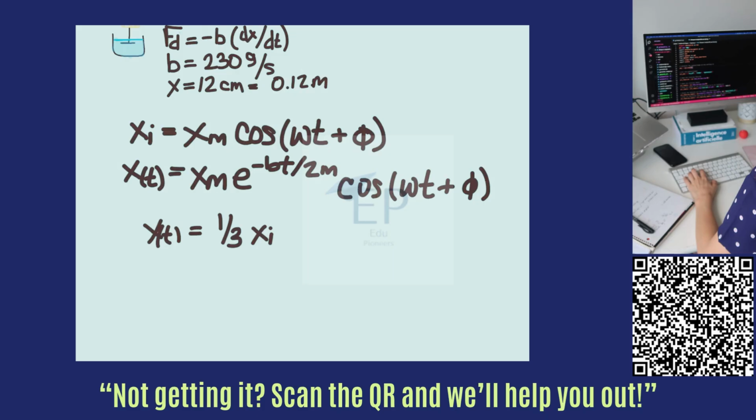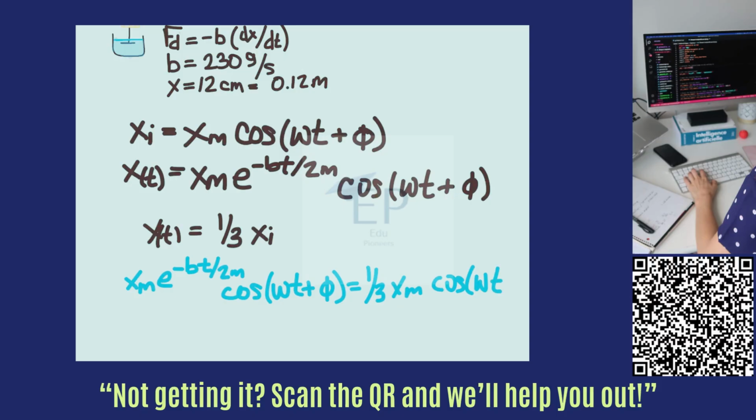So we can substitute in these equations that we've created for these terms. So what we'll have will be x_m e to the negative bt over 2m cosine omega t plus phi equals 1/3 x_m cosine omega t plus phi.